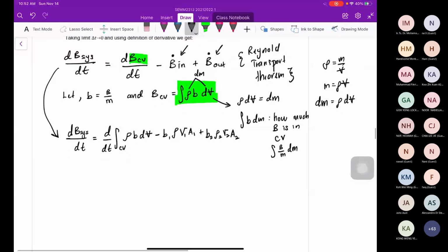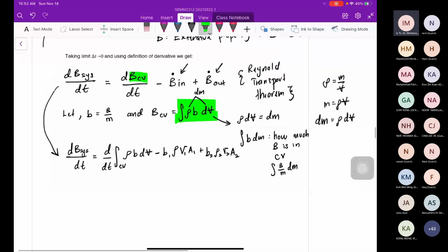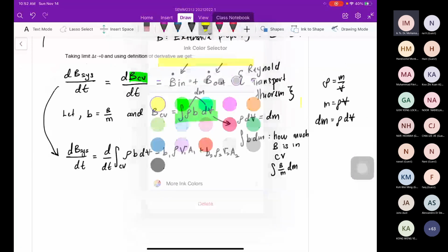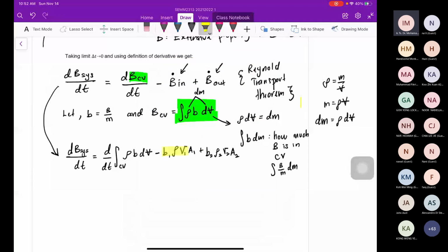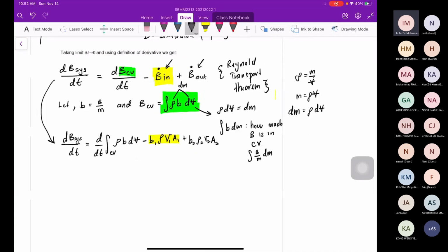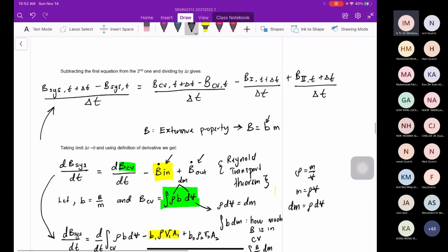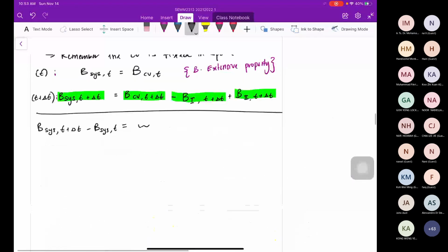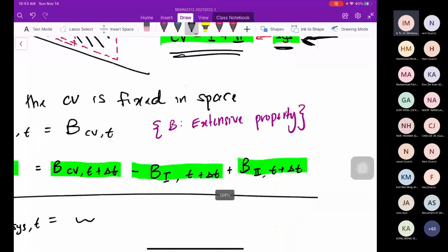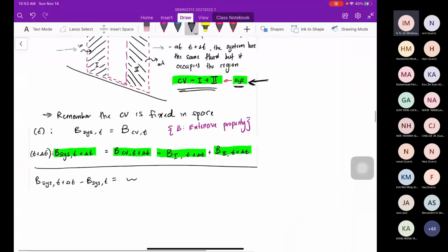Now, you must be confused why we have this kind of form. This form and this form. Why I expand? Okay, I want to show you the reason why. B, this is the initial one, yeah, B input.